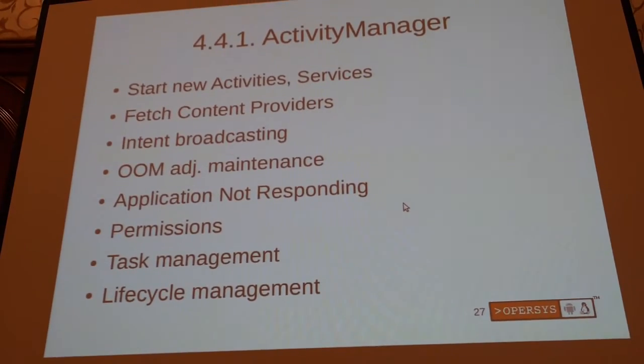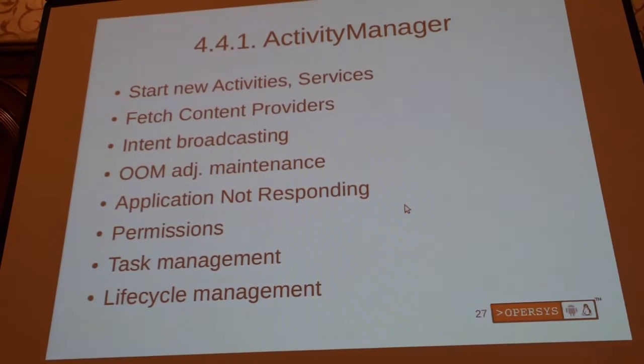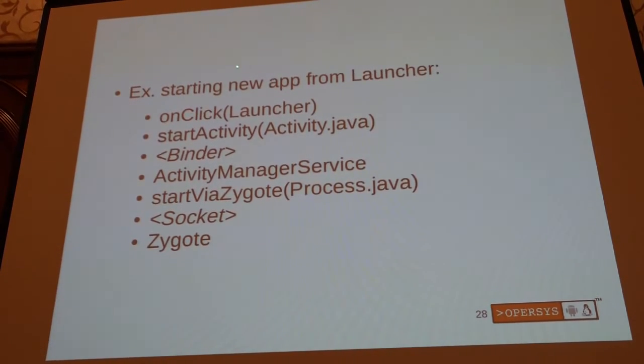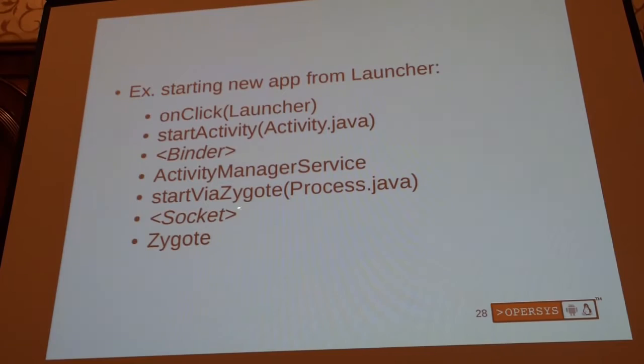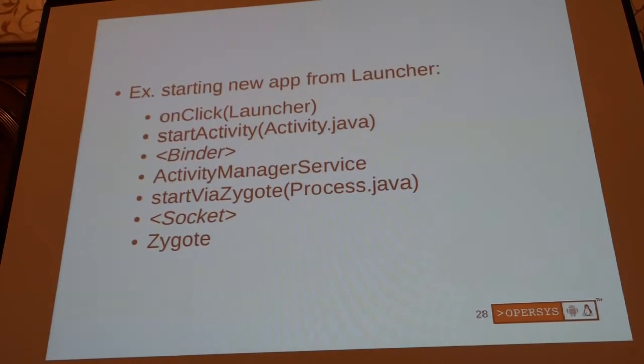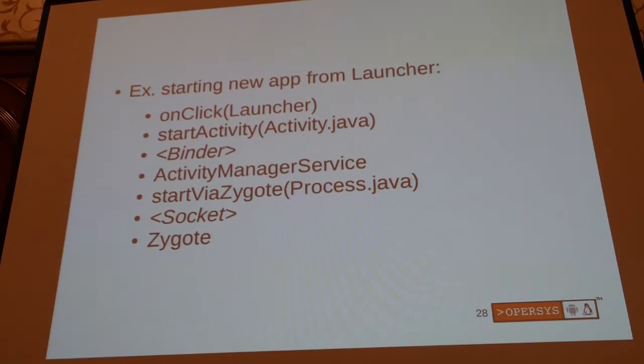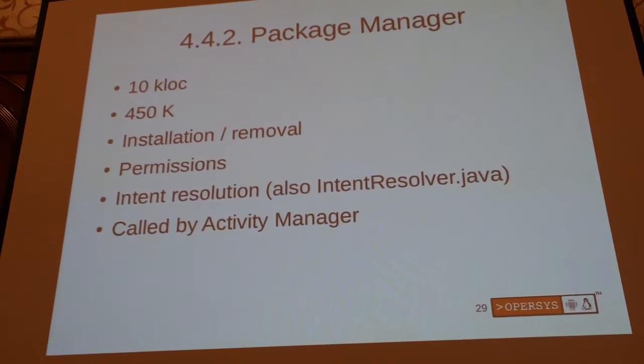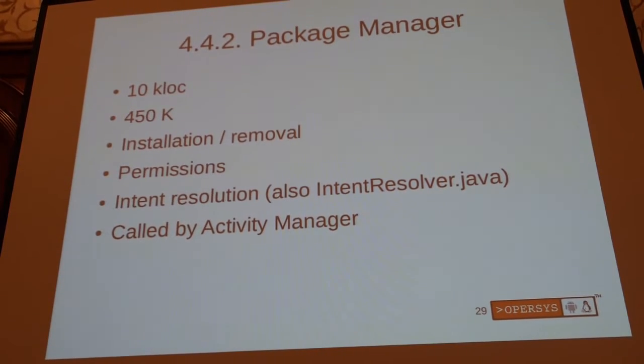Just to give you an idea of a few system services: the activity manager manages everything that has to do with activities. When you start an activity, for example from the launcher, it talks to the activity manager through binder, telling it to start the activity. Then the activity manager turns around and talks to the zygote through a socket and tells it, please fork and run this Java class. Package manager takes care of installing the APKs and resolving intents.